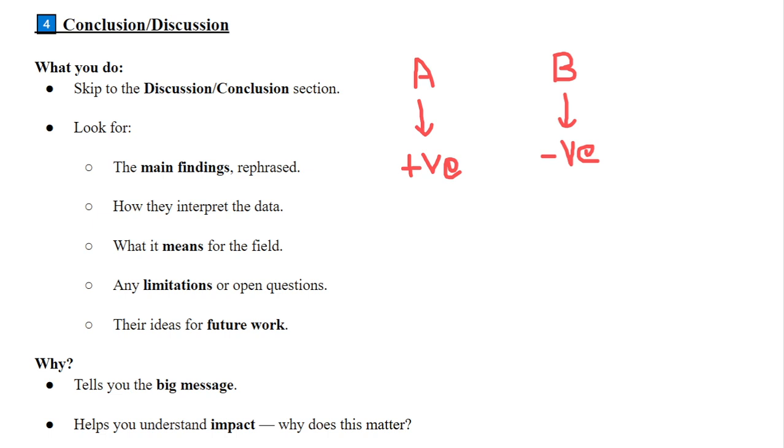Group A and group B both do the same process, everything the same, but one gets a positive result and the other gets a negative result. Both papers are published, the positive result paper and the negative result paper.